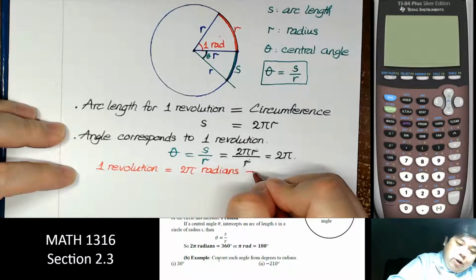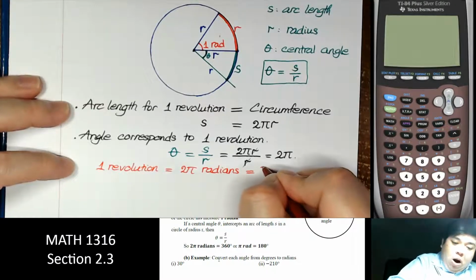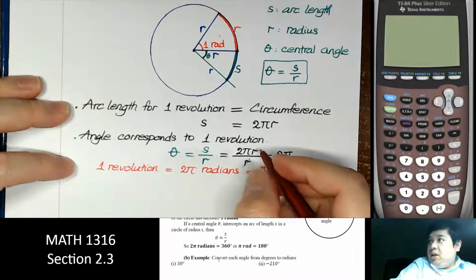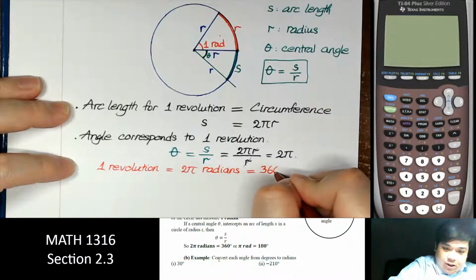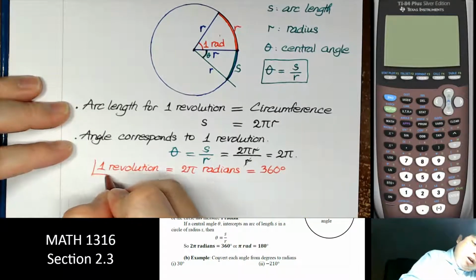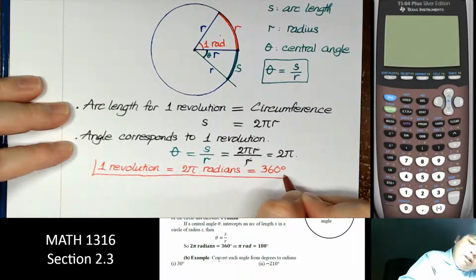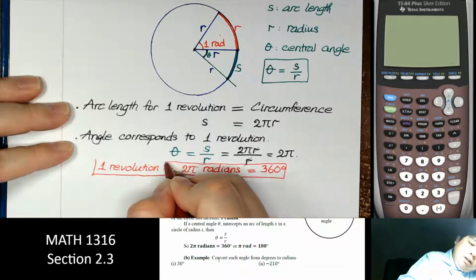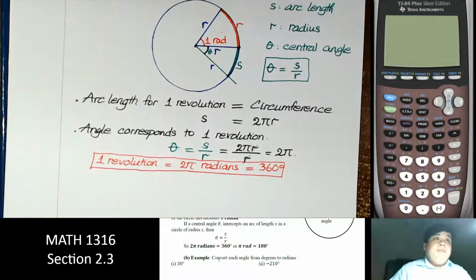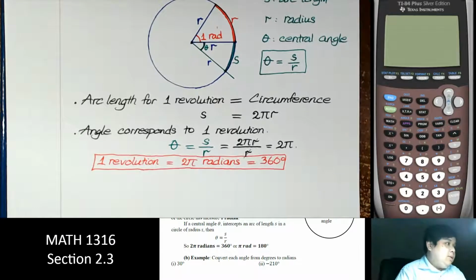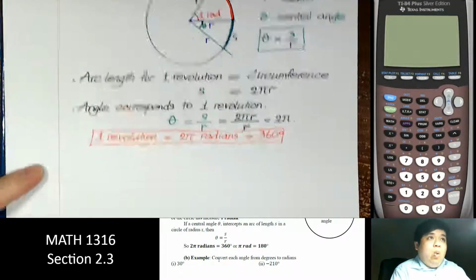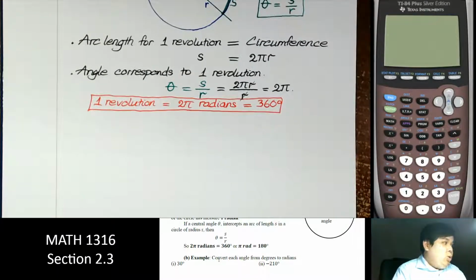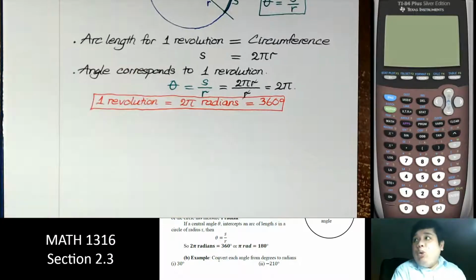That is equivalent to 1 revolution being 360 degrees. So 1 revolution is equal to 2 pi radians, or 360 degrees.